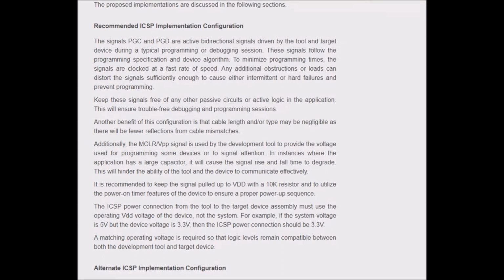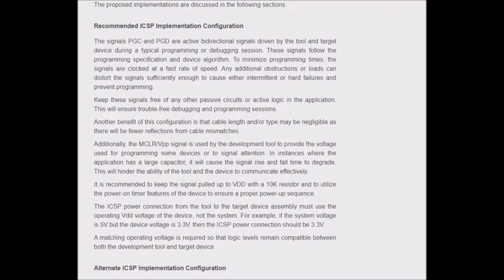In instances where the application has a large capacitor, it will cause the signal rise and fall time to degrade. This will hinder the ability of the tool and the device to communicate effectively. It is recommended to keep the signal pulled up to VDD with a 10K resistor and to utilize the power-on timer features of the device to ensure a proper power up sequence.